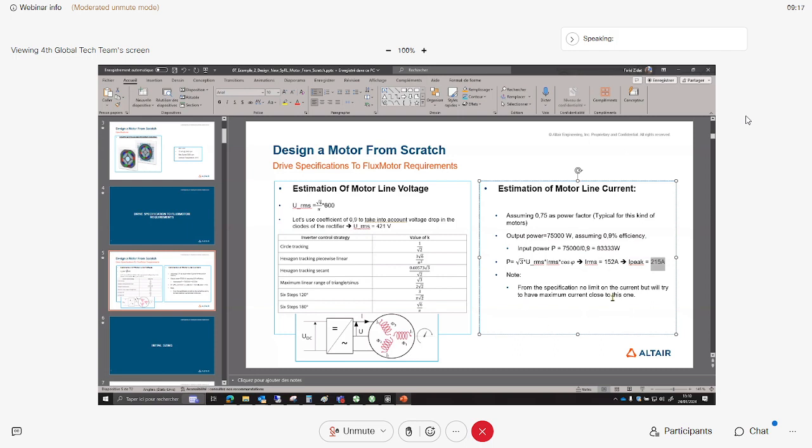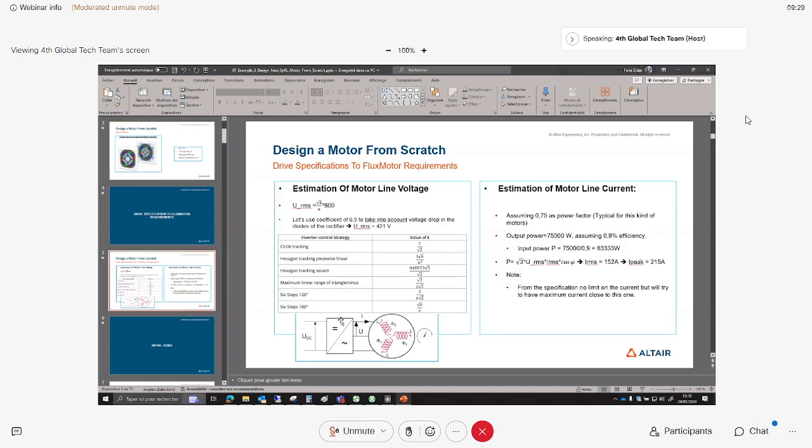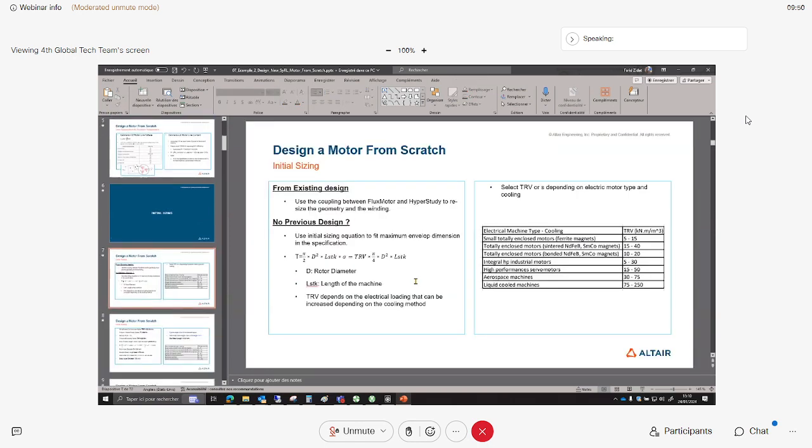Here, just to remind you that there is no limitation on the current supply, but usually from the specification we have to know this limit of current. So for our next computation, we are going to consider this one as our maximum limit for all the working points.